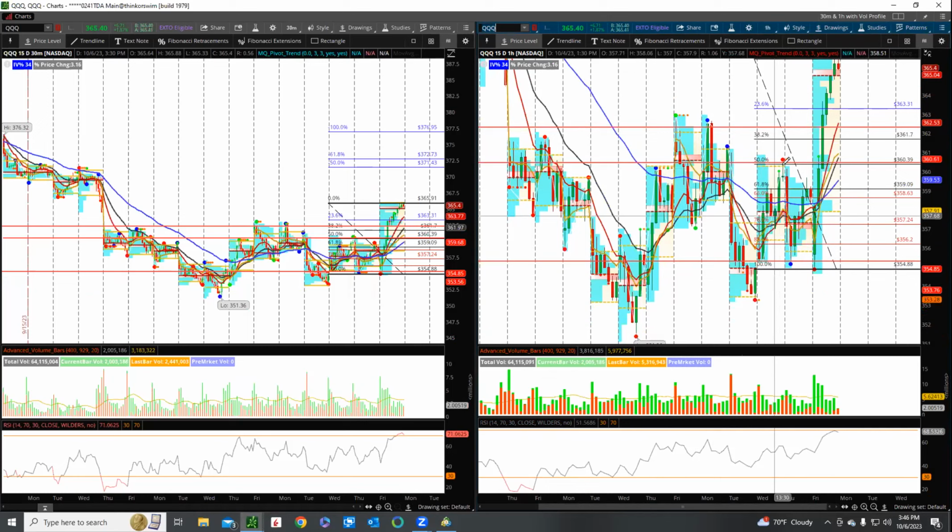This was the area where it got rejected here, right? So there was overhead resistance here and rejected price here, here, right? Look at these two candles, right? Hugging that line. This candle on that line, right? This candle, that's where it got rejected. Couldn't get above it. So I'm liking those two lines as well.